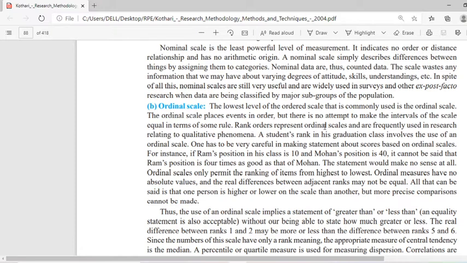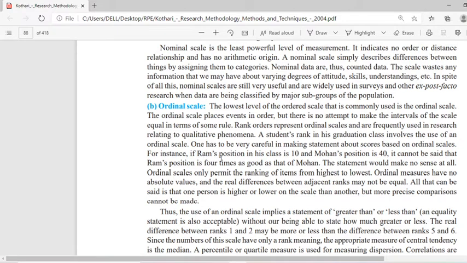Rank orders represent ordinal scales and are frequently used in research relating to qualitative phenomena. A student's rank in his graduation class involves the use of an ordinal scale. One has to be very careful in making statements about scores on the ordinal scale.